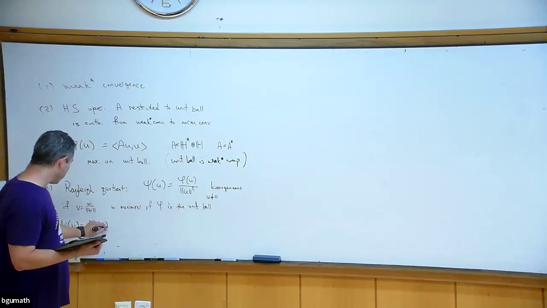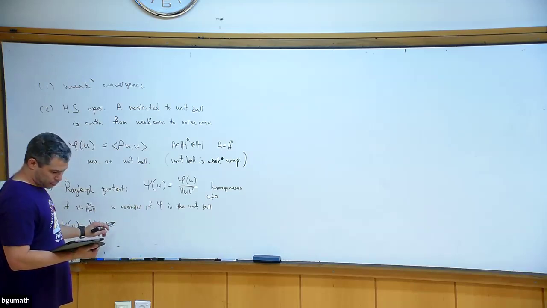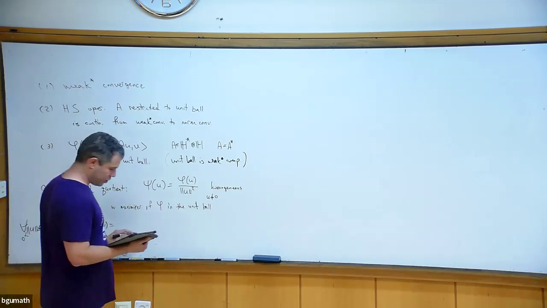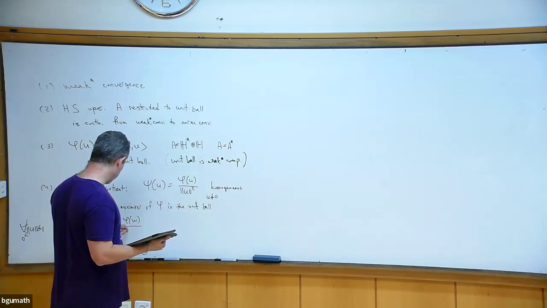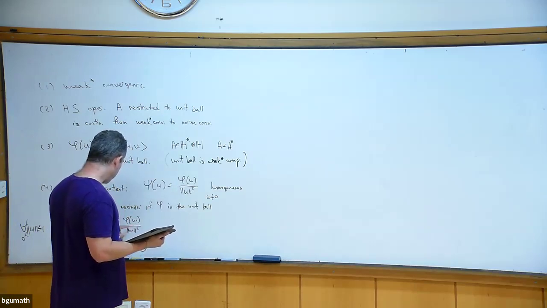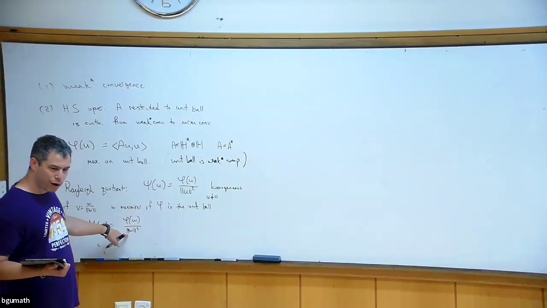psi of V is psi of W, which is by definition phi of W over the norm of W squared. Now this is the maximum in the unit ball, and this is less than or equal to 1.